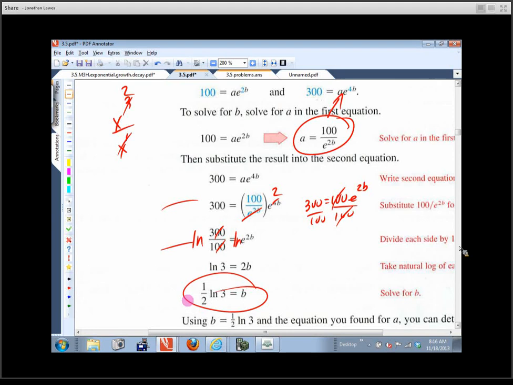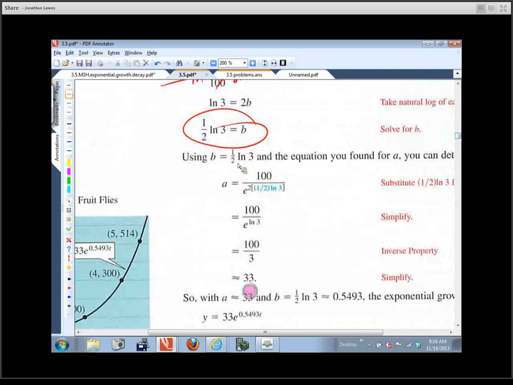Then you can take that and plug it back in and find what a is, which is what they did in the next step. They figured out that a is about 33. Now they're approximating here. It'd be 33.3 repeated. So it might be nice to have a little bit more decimal accuracy. So there's the model right there. Now let me just say this. What they found for b and what they found for a, they're approximations.